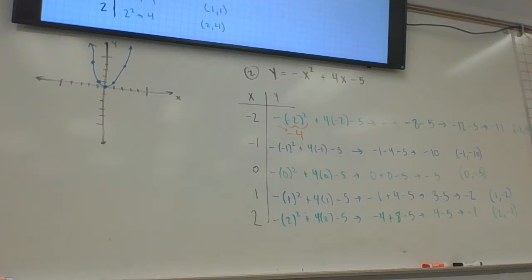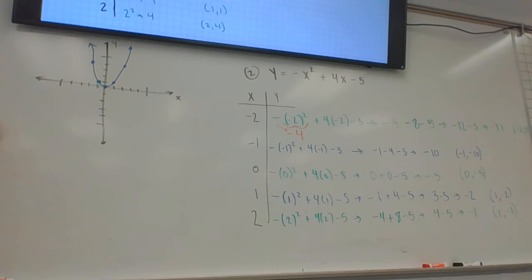And question, does it make a U shape? It has to make a U shape if x is squared. We're going to try to answer this question. In a fashion?